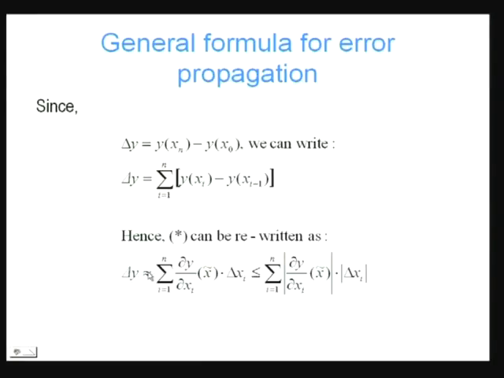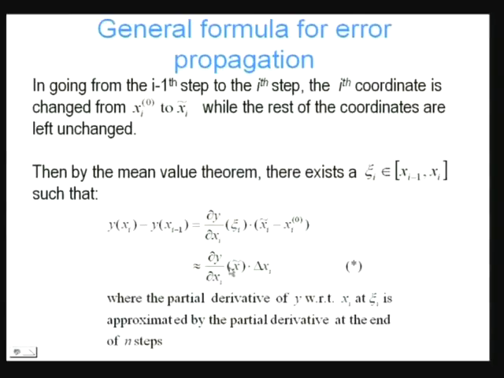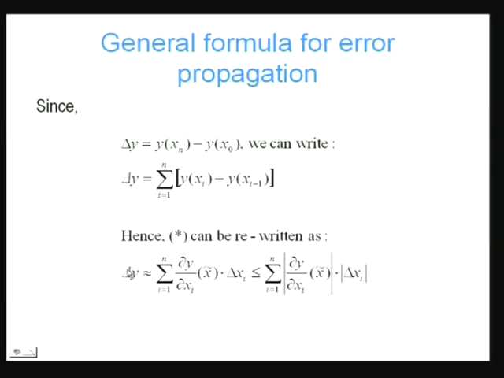Basically, we are taking the sum on both sides of this expression, and then we get delta y is approximately equal to sigma i equal to 1 to n del y del xi at x tilde times delta xi, which again from our bounds on the additions is less than or equal to sigma i equal to 1 to n mod of del y del xi at x tilde times mod of delta xi.